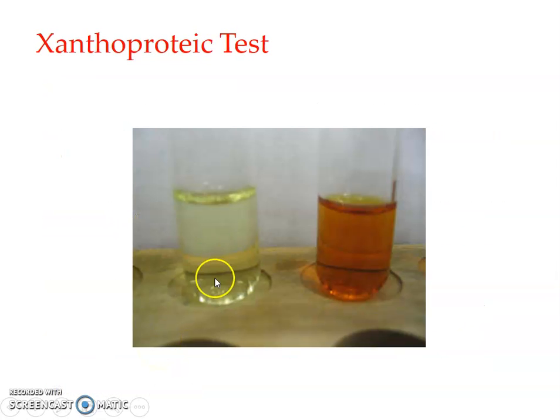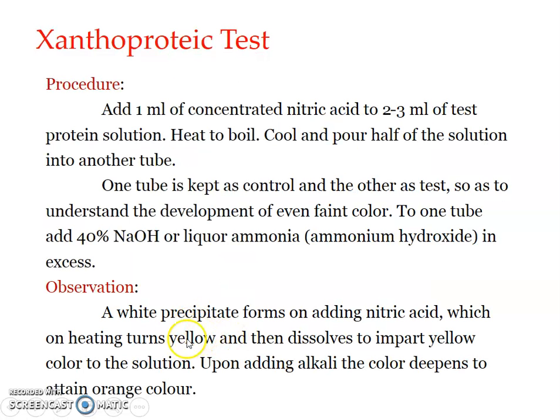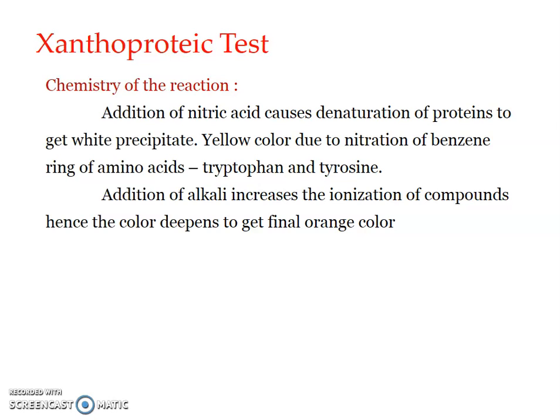So the white precipitate becomes slightly yellow, and slowly the whole solution becomes completely yellow. But upon adding alkali, the color deepens to orange. So we can see the change from what happens in an acidic medium to an alkaline medium.